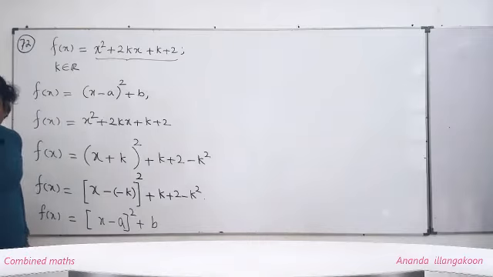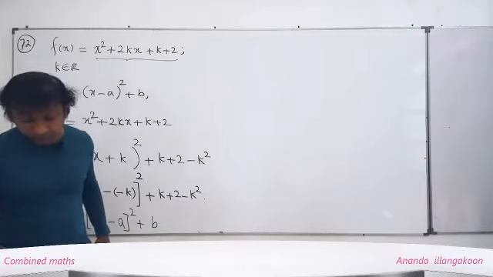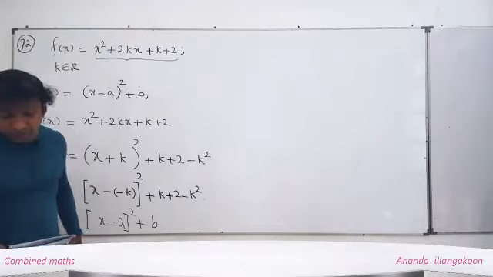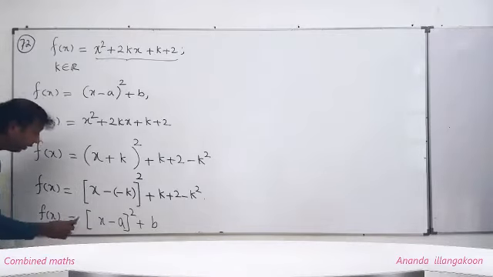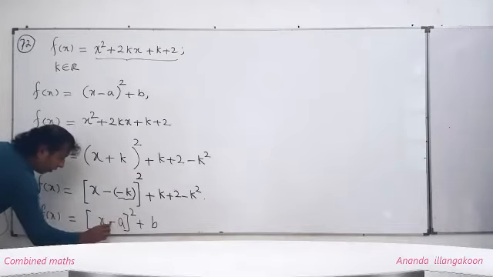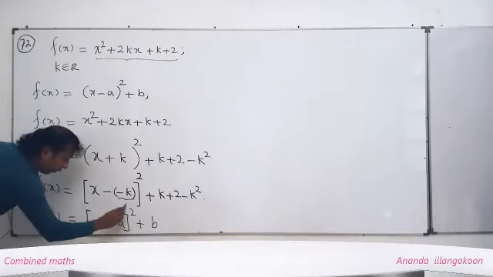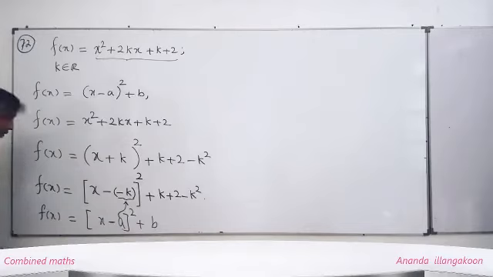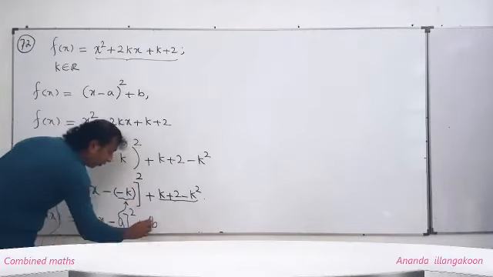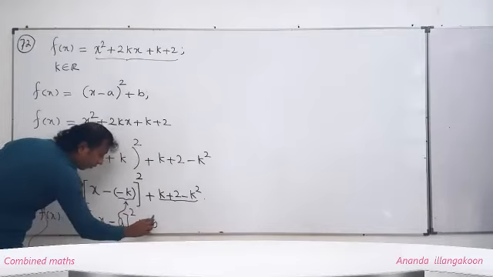Now we are asked to determine a and b, where a and b are constants to be determined in terms of k. After the minus sign, what do you have? Minus k. But after the minus sign here we have a. Therefore this a is minus k. After the bracket, after the plus sign, this whole thing is after the plus sign. What do we have? This.